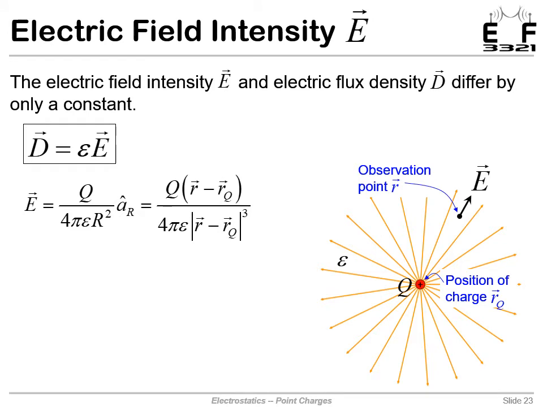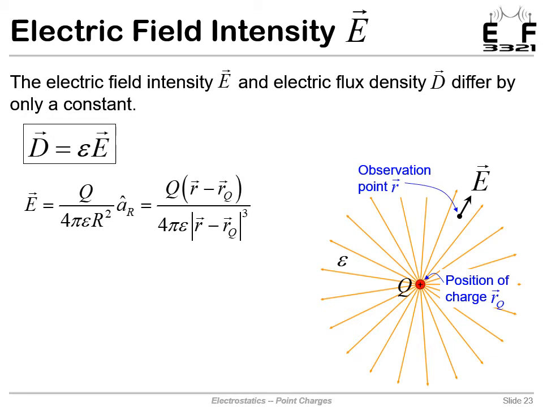Now we've expressed the field in terms of the electric flux density. We did that because the electric flux density is most closely associated with charge. But it may turn out that we want the electric field intensity, because the electric field intensity is more closely related to force. And so if we want to start calculating forces that charges put on each other, we will need to do that through the electric field intensity.